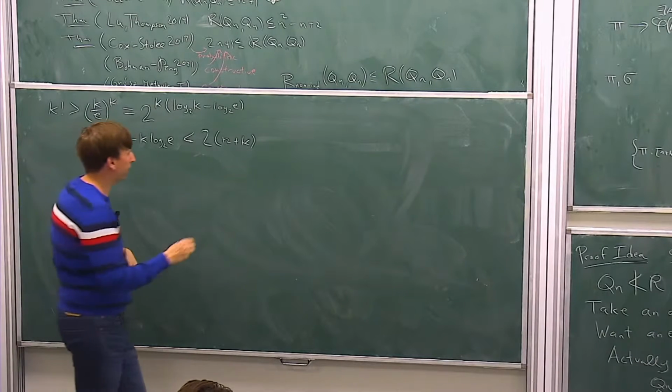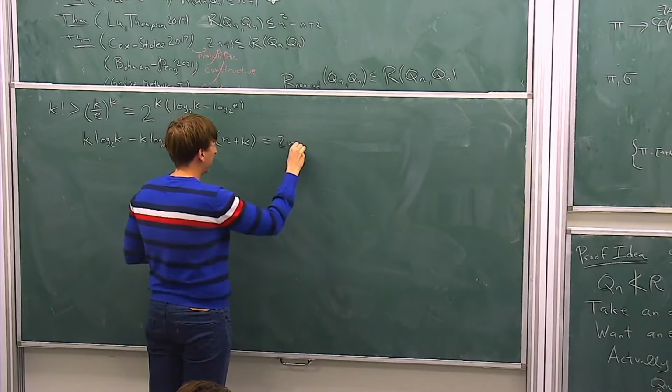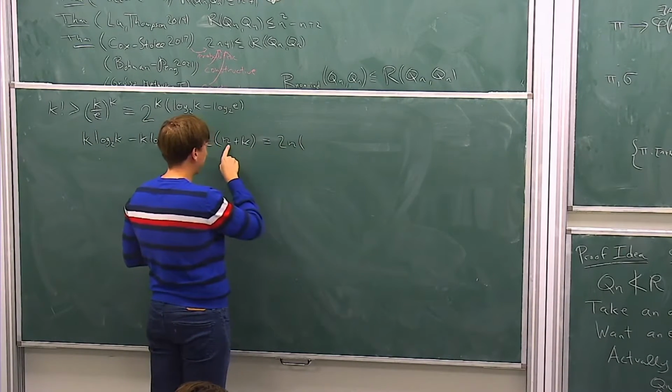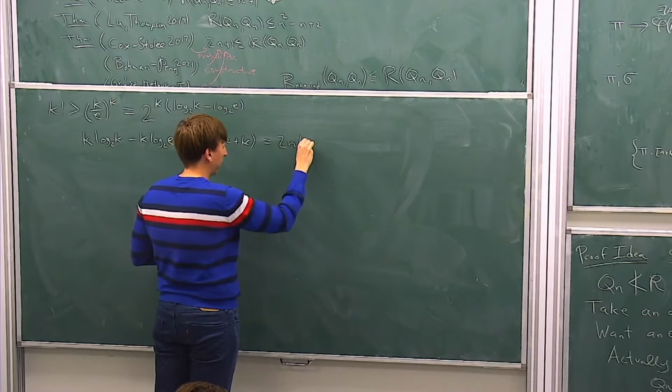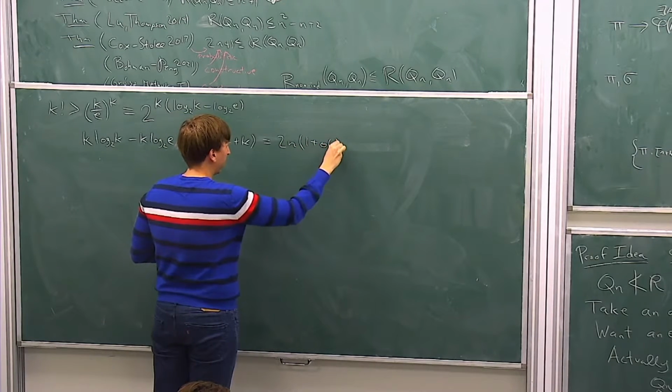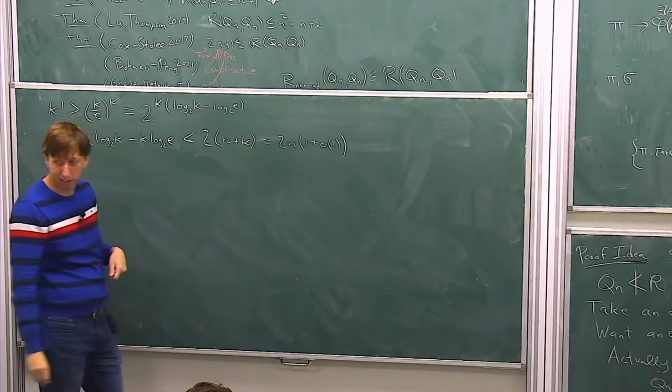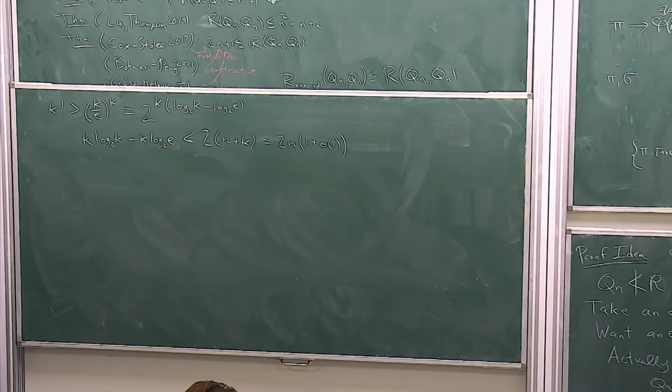We can rewrite this as 2n, factoring out the n, which becomes 2n times 1 plus little o of 1, because k is like n over log n. So that's the form of the right-hand side.